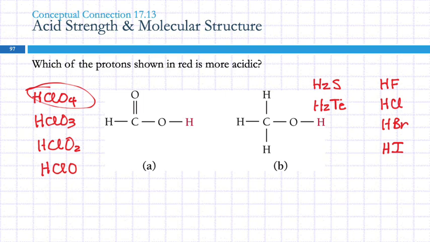I should just circle these. Those are strong. So we identify that as strong because I told you to memorize it, right? Okay, so here, what's the pattern? The one with the most oxygens is the strongest. So it must get weaker as you go to fewer oxygens.